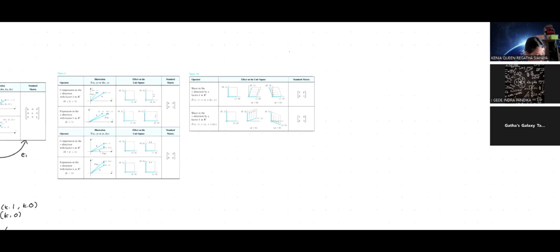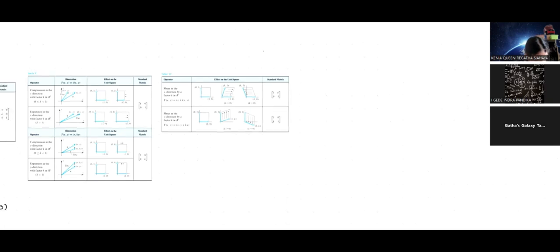The operators in expansion and compression multiply only one coordinate with the factor k. For example, in R2, expansion or compression in the x direction is T(x,y) equals (kx, y).